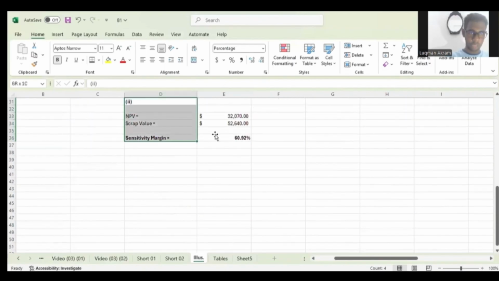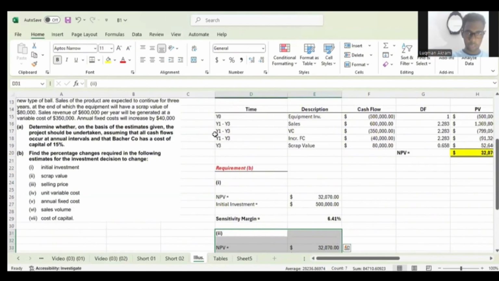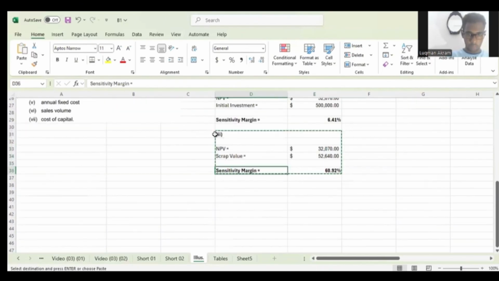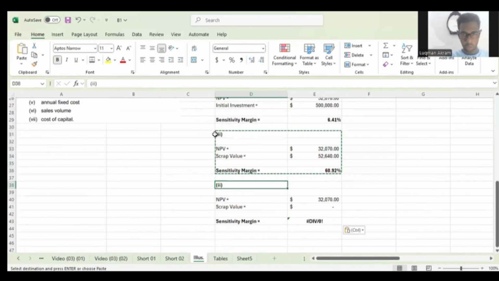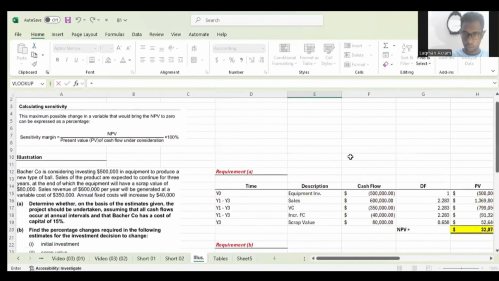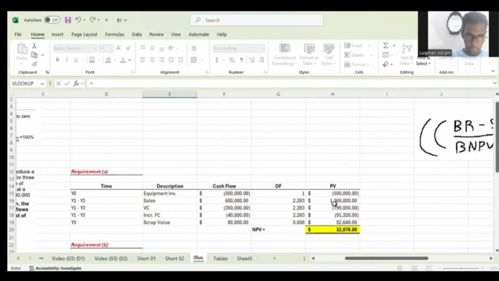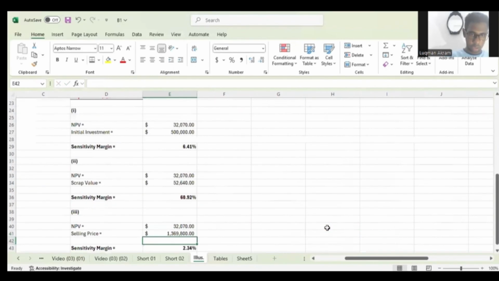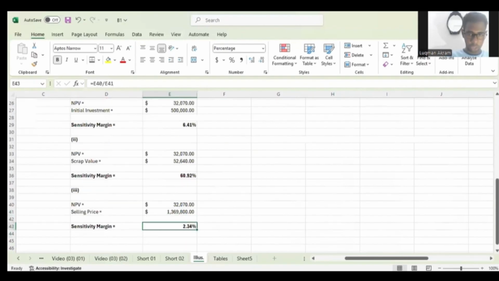Similarly, we can do it for the next, which is selling price. For selling price, we have to take the sales revenue from the present value column, which is 1.3 million. Therefore, we can find the sensitivity margin being 2.34%.